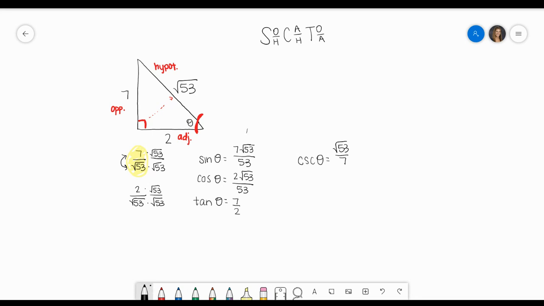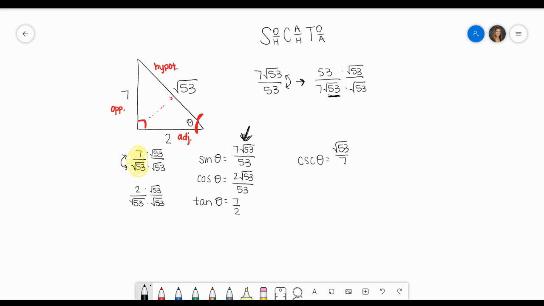Because notice, if we went to our 7 square root 53 over 53, and we flipped that, just to show you guys, we don't have to do this, but this is what it would look like. If we flipped this fraction, we would end up with 53 over 7 square root 53. And then life becomes a little bit more complicated. With this square root in the bottom, we would have to then multiply the square root of 53 to both the top and the bottom.